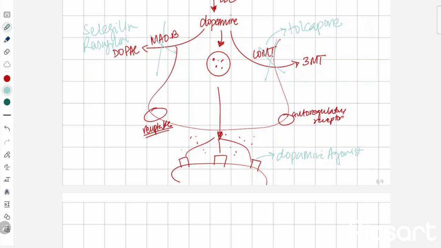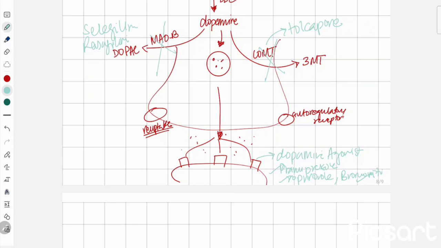Those are pramipexole, ropinirole, and you can also give bromocriptine. So in younger patients, you will give pramipexole and ropinirole because they are non-ergot, and bromocriptine in older patients, they are ergot.